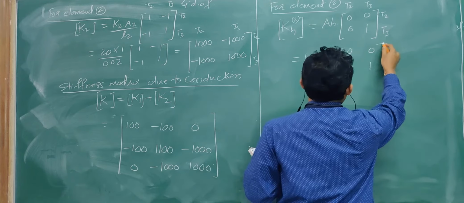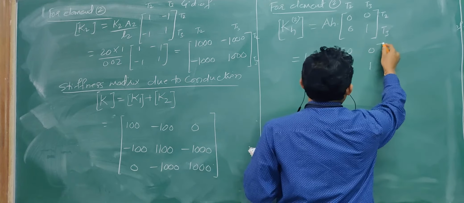What is K? We have found out: 100, minus 100, 0, then minus 100, 1100, minus 1000, then 0, minus 1000, and plus 1000.